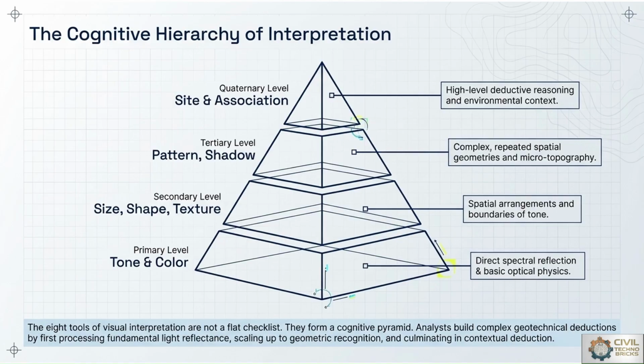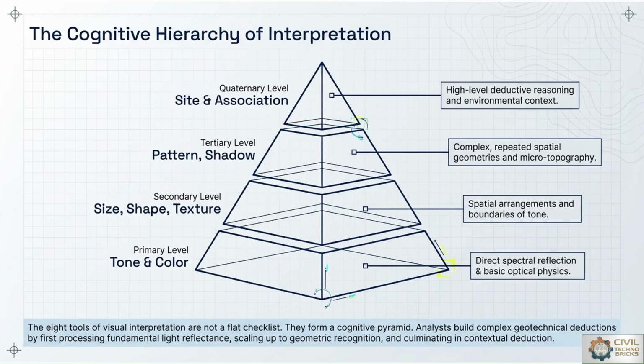Cognitive hierarchy of interpretation, the tool where interpretation and identification features based on tone, color, shape, size, texture, pattern, shadow, site, and association occur. Here, the pyramid itself suggests that the topmost portion is the quaternary level, site and association, where high level deductive reasoning and environmental context is there.